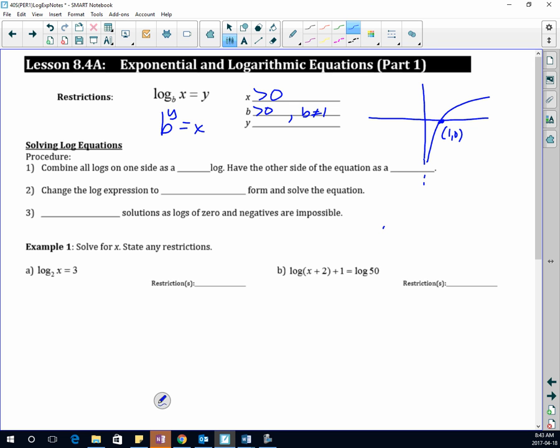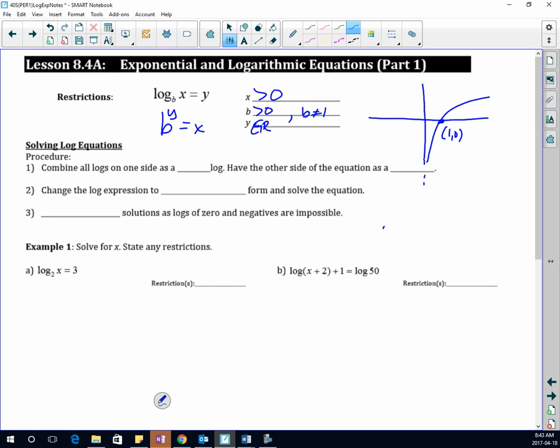Can you have negatives? Look at my graph here. Yeah, so y can be anything. Okay, so we'll just say y is any real number.